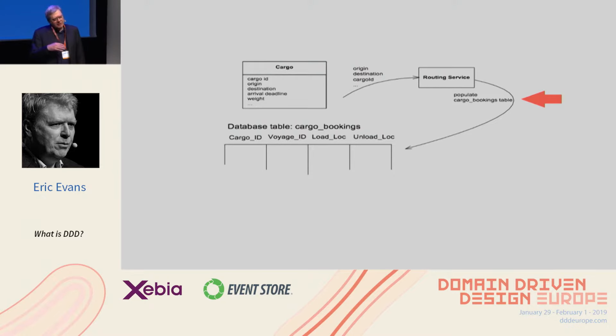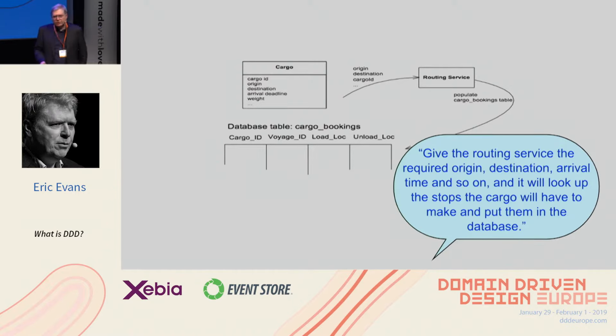But there's another perspective I want to bring to it, which is the domain perspective. If I were talking about this design with a person who is not a software developer, but instead an expert in shipping, how would I explain it to them? And it would start out much the same as the way I talked about it with you.